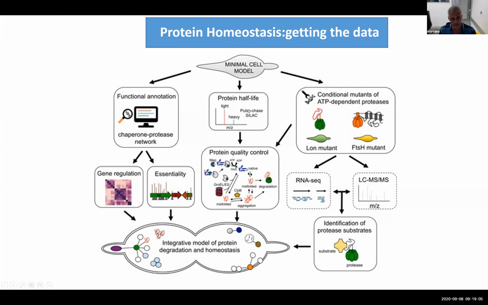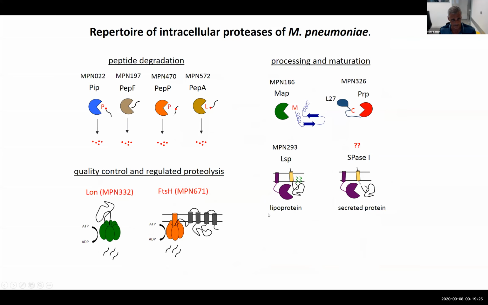We determined the half-life of every protein in the cell, did the functional annotation, and then made conditional mutants of the proteases, because the majority of them are essential. We looked at the effects on RNA-seq and protein levels, and at the end tried to get a global vision of how protein homeostasis is regulated in this small bug.